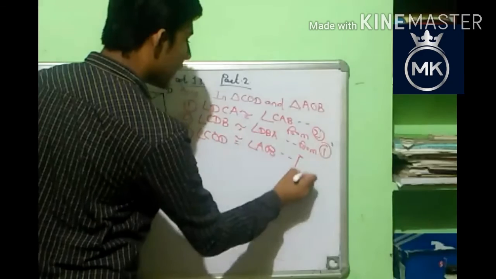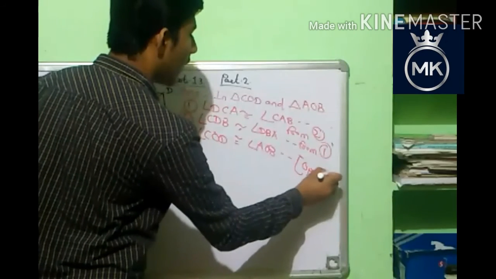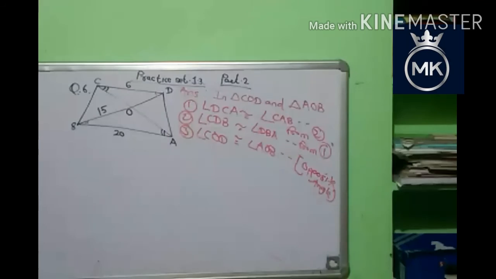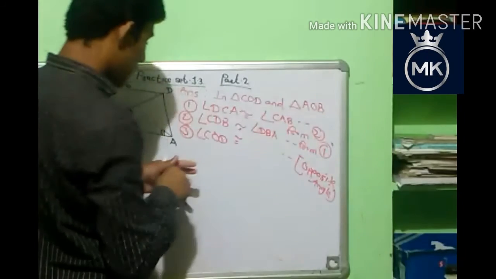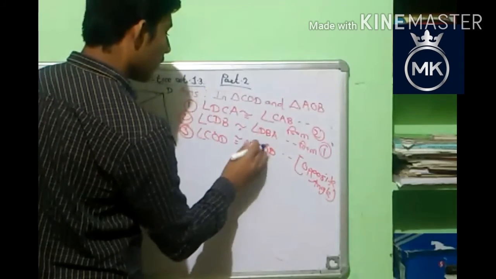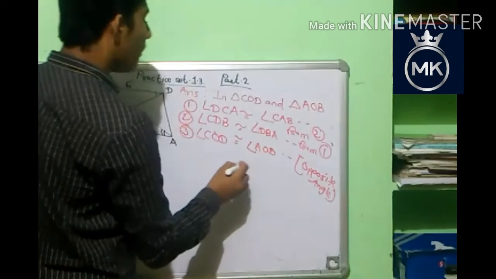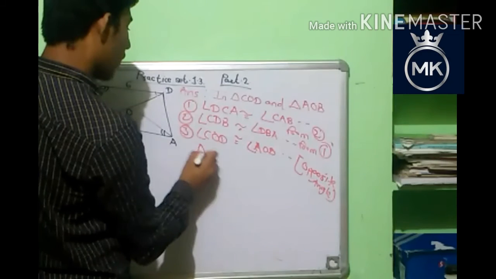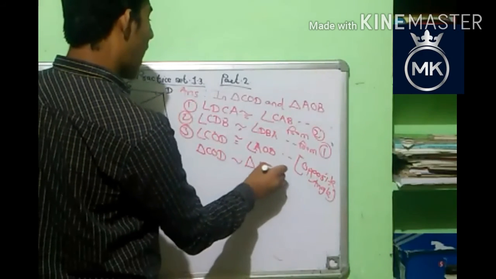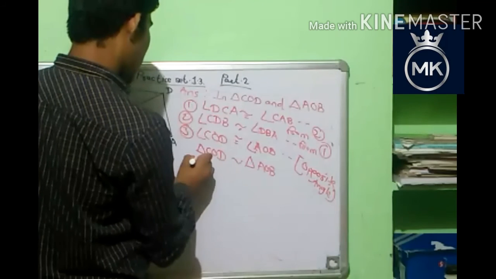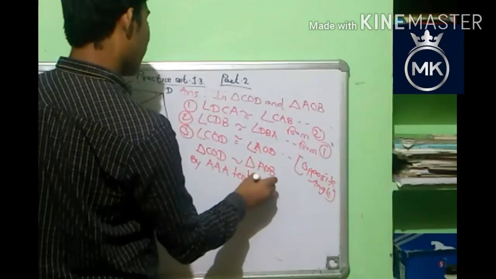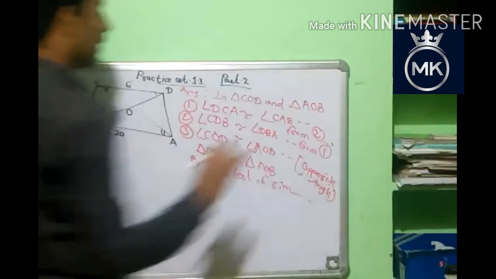The reason is vertically opposite angles. So we have shown triangle COD is similar to triangle AOB by the AAA test of similarity.